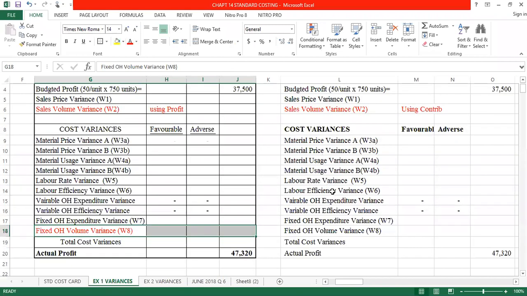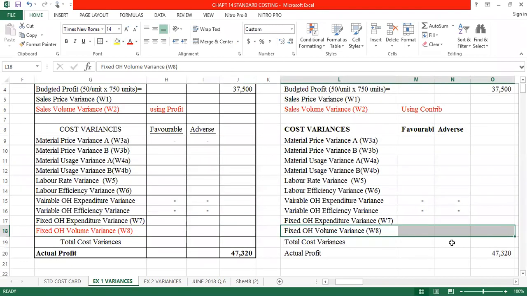Under marginal costing, there is no fixed overhead volume variance.